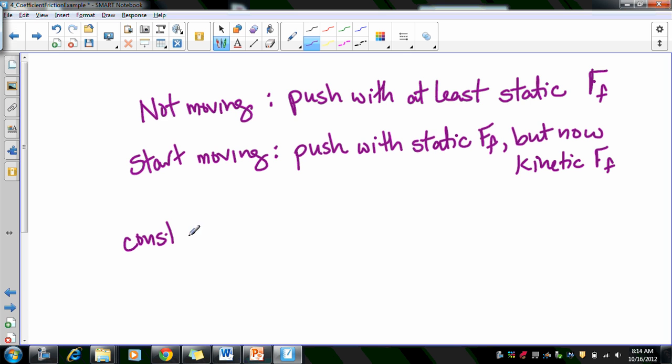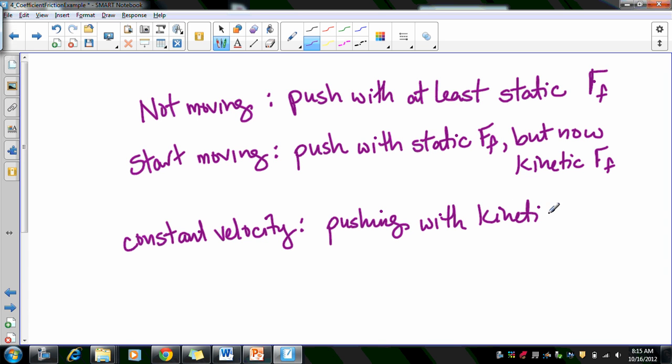And then once it's moving at constant velocity, you are now pushing with the kinetic. So when it's not moving, you're pushing with at least the static. When it starts moving, you're still probably pushing with the static, but now you have kinetic friction. And once you get to that constant velocity, now you are pushing with kinetic frictional force.